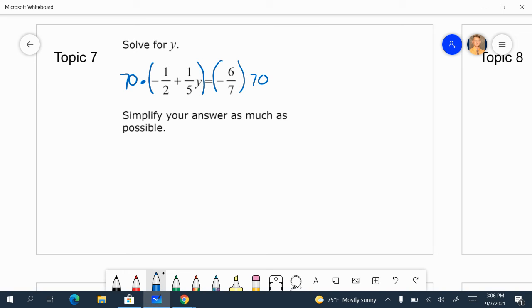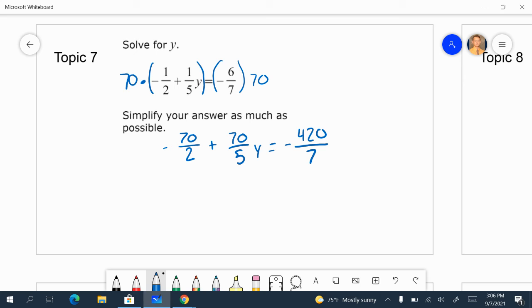Okay, so doing that, we would be left with negative 70 over 2, because there was a negative in front, plus 70 over 5, y, equals, and then 6 times 70 is 420 over 7. Now, if you have a calculator, that works. Otherwise, if you can do these in your head, that's great.